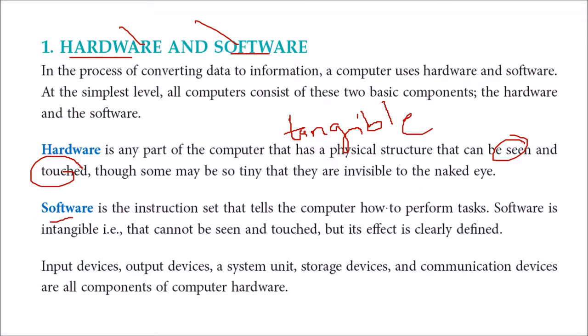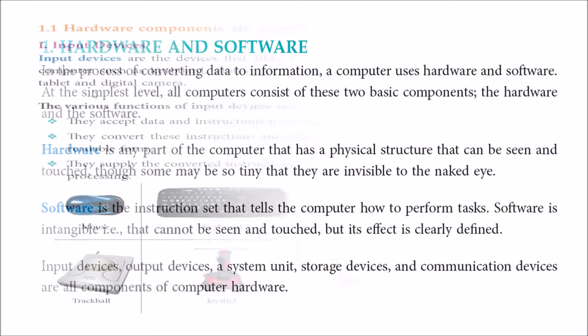You cannot touch it, you cannot feel it, but you can easily see what is going on, because the effect is clearly defined. In hardware you have input devices, output devices, system units, storage devices, communication devices. These are all the components of the computer hardware.